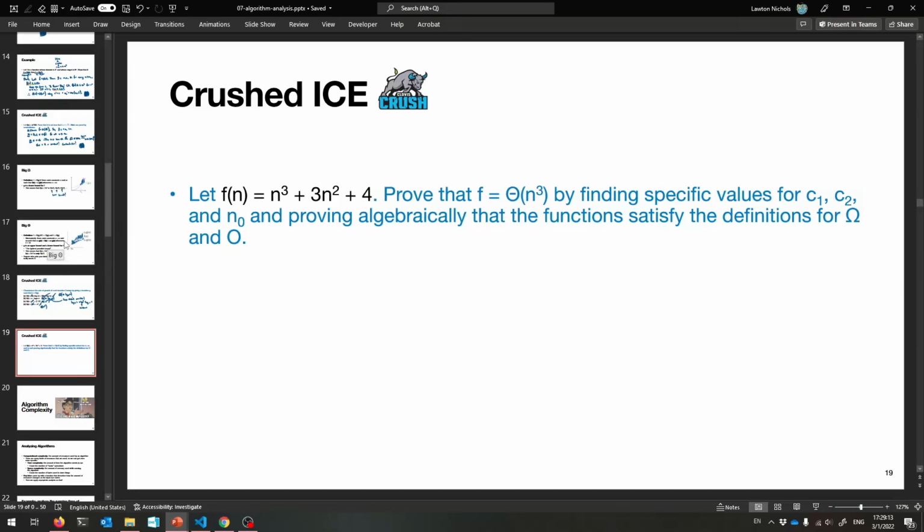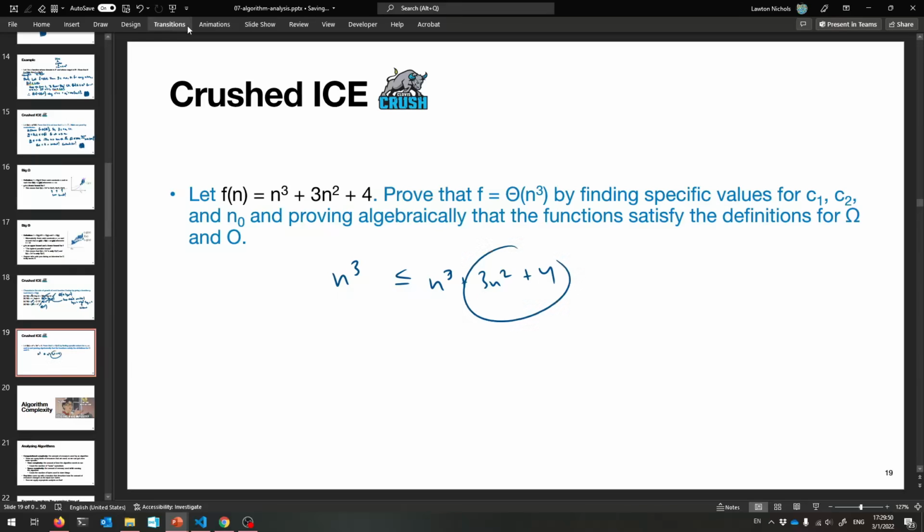All right. So let's see what we have to do. We have to bound above and below this guy. So using our tricks from before, for big omega, it's very easy, right? I can just write this, n cubed plus 3n squared plus 4. A lower bound for this is, okay, these are always making it bigger, so let's just get rid of these. It's always the case that n cubed is less than or equal to n cubed plus extra positive stuff, right?